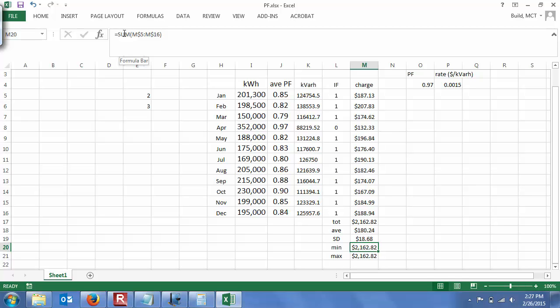Okay. So why isn't this working? Sum of that equals 0, which is not right. If. There's no formula in there.